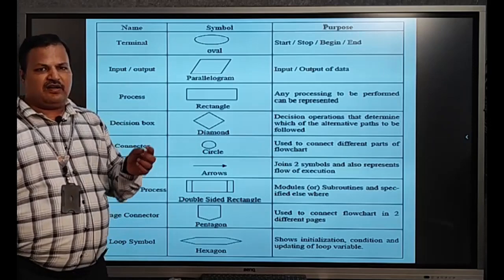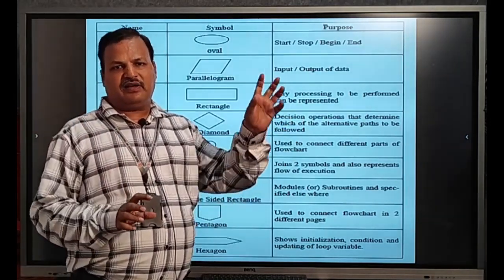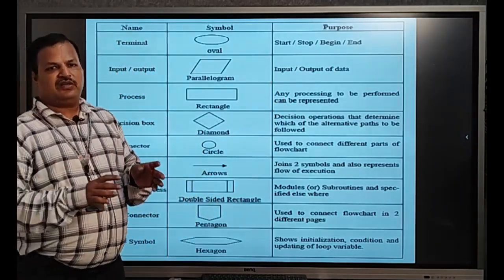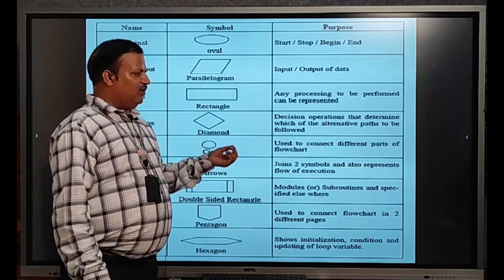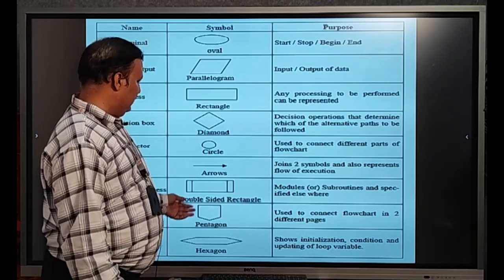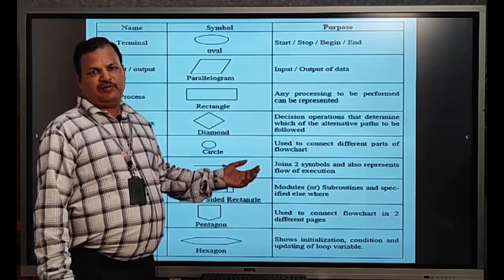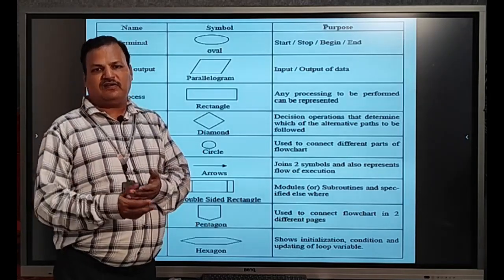Then there is a circle that is used for representing connectors. If there are two flowcharts, or if there is no space and we are going to the next page, or we are connecting another flowchart here, we can use a circle for connecting flowcharts. Then we have the double-sided rectangle symbol. If we have any subroutines in a program, in C or C++ we have functions, that are called subroutines.